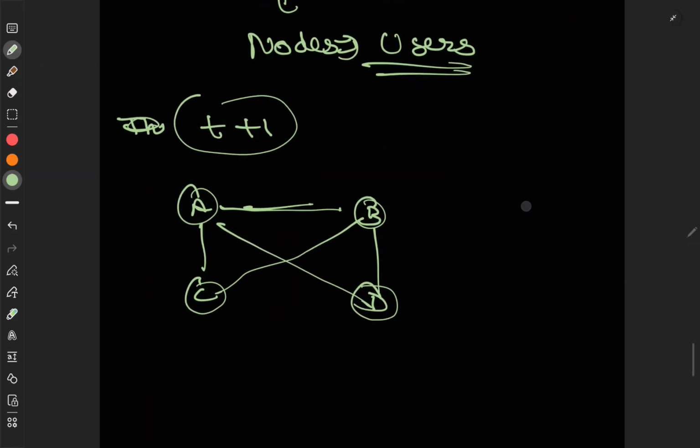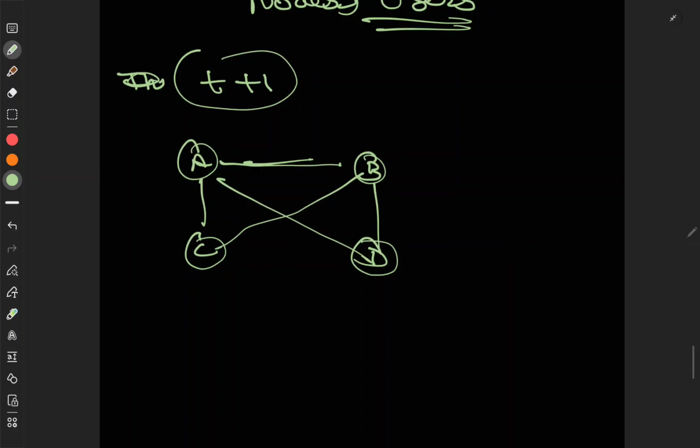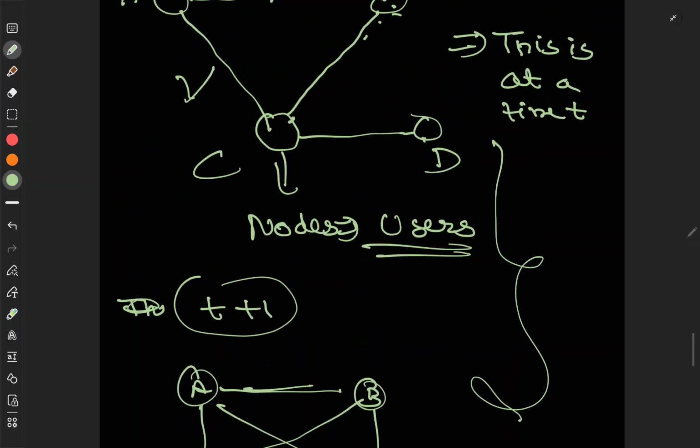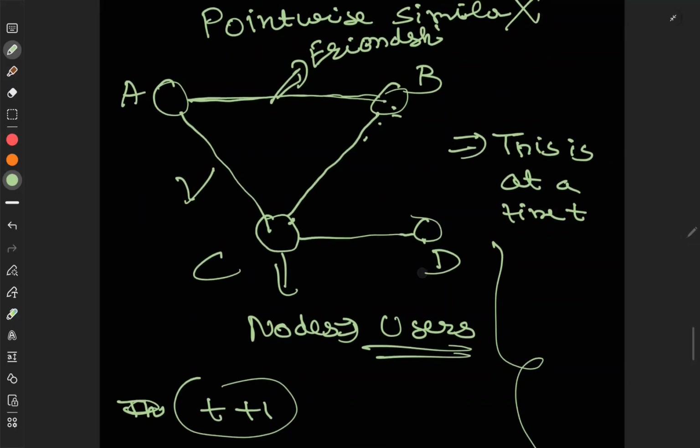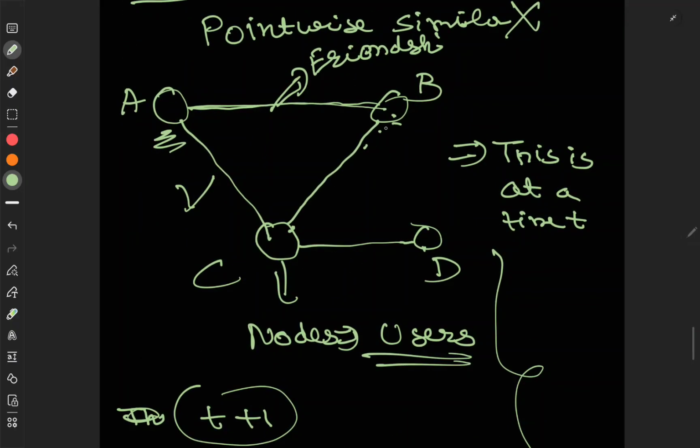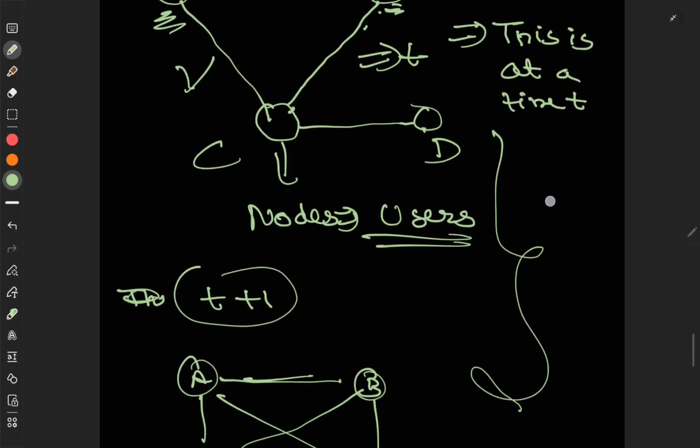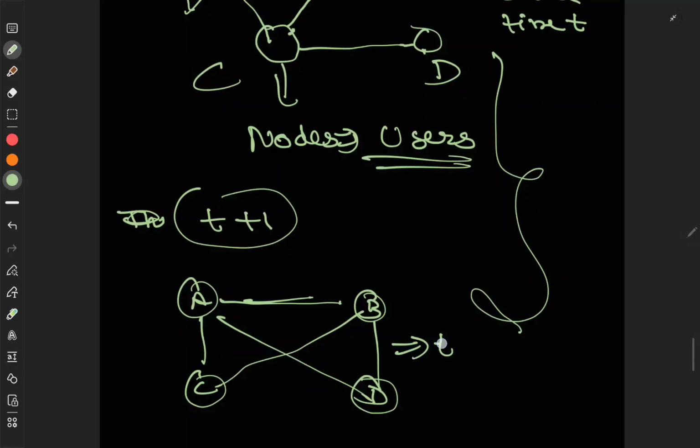How can we take care of this? How do we convert this into something which we can use for model training? So we can say that the graph looks like this at time t, and these are the predictions at time t plus 1.